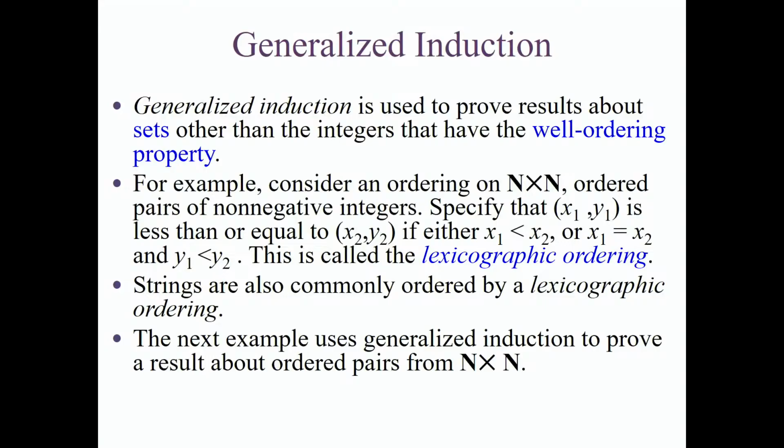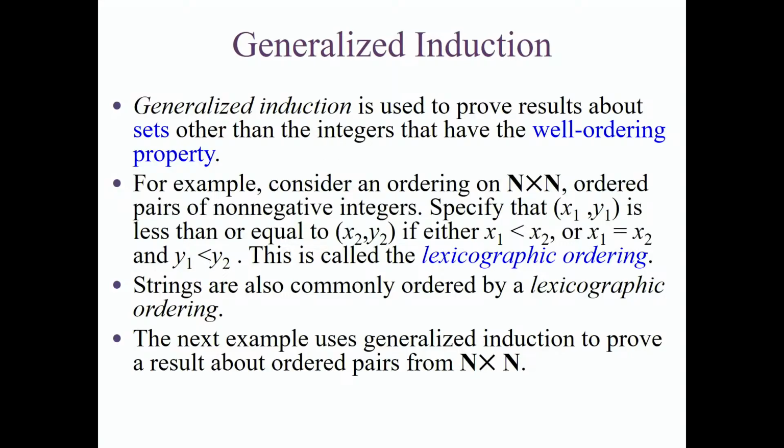Or if they are equal, x1 equals x2, but y1 is less than y2, then we can specify that the first pair is less than or equal to the second pair. Because we cannot compare a pair of numbers to another pair of numbers directly, this is how we compare. Once we need the order on n times n, with such ordered pairs, this is how we compare their orders. We call this lexicographic order.